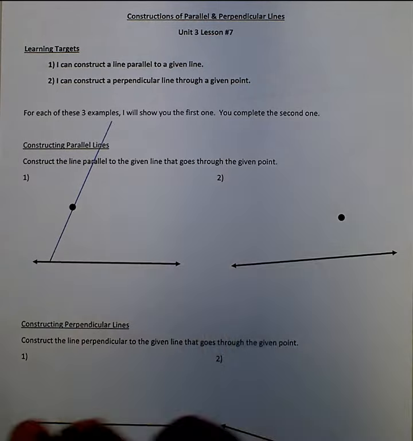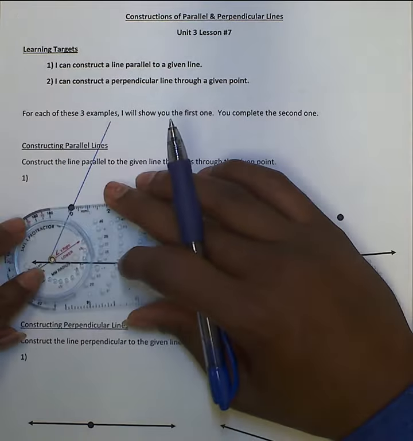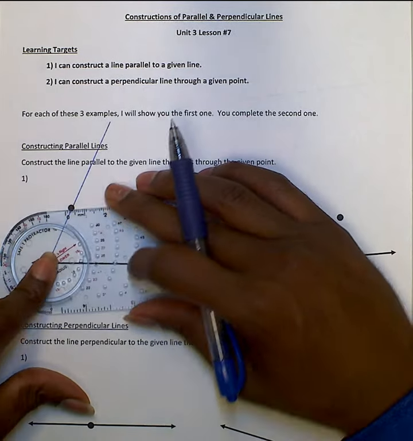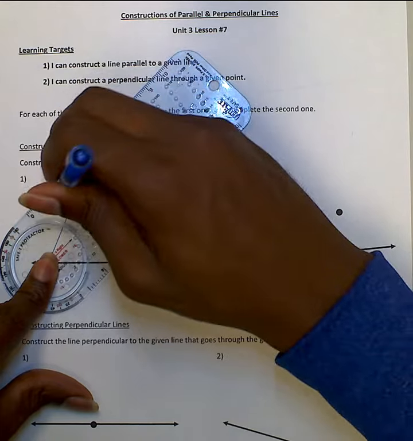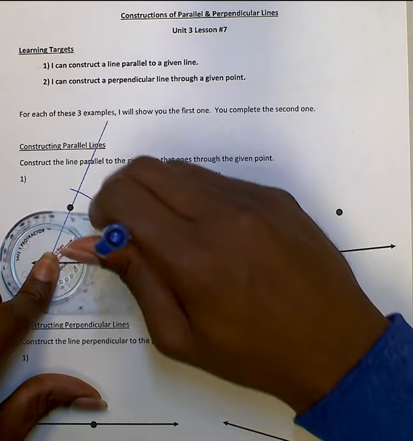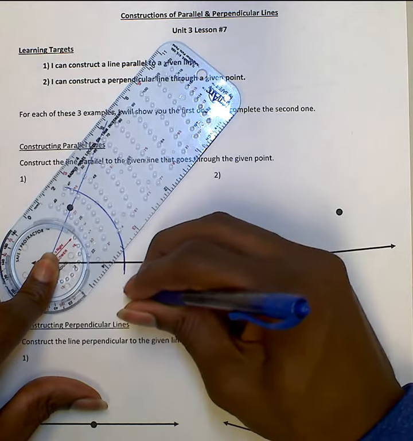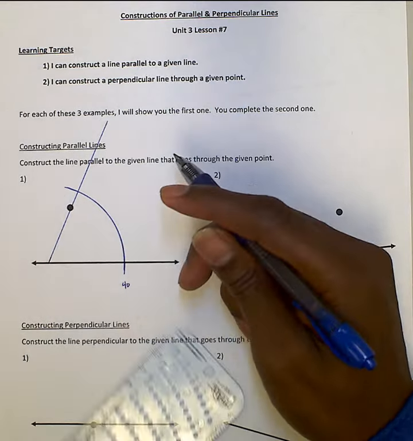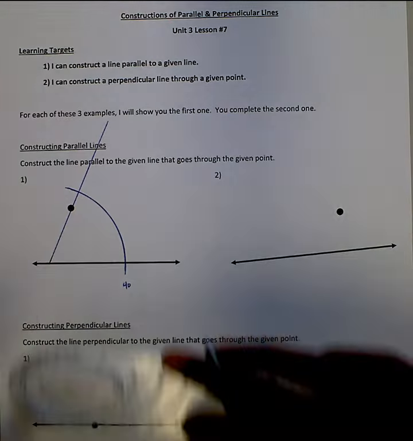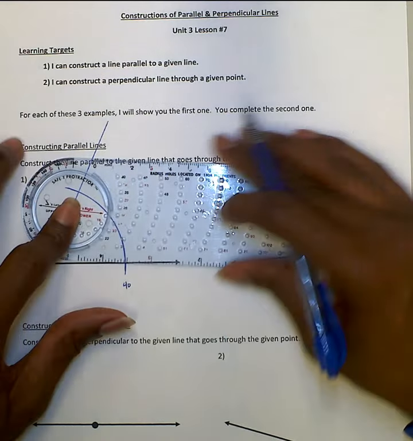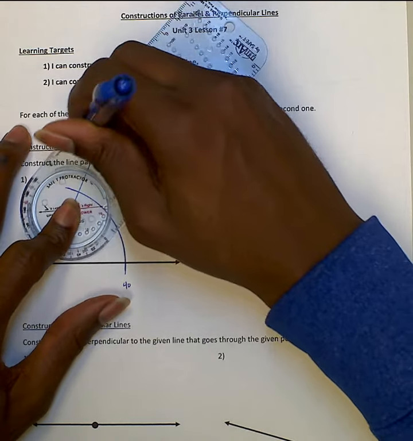I'm going to put my pivot on the intersection of the line I created and our original line, and I'm going to choose a number. I chose the number 40. I'm going to do the same thing here: put the pivot on the point that we're going through and continue choosing the number 40.